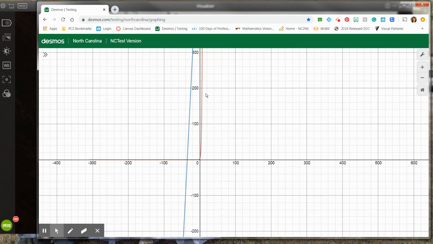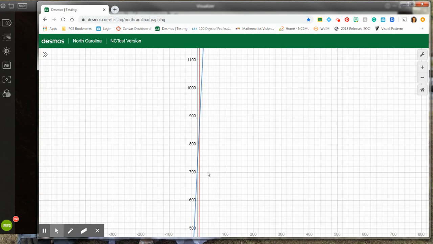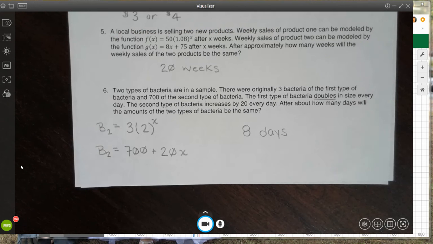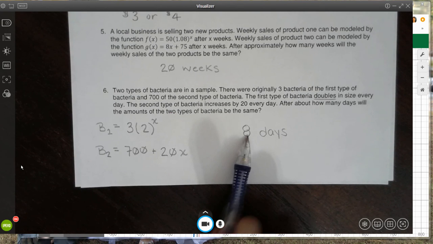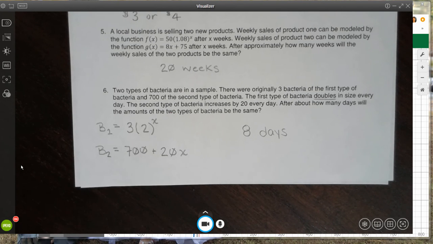So I'm going to scroll out a little bit more, and I'm going to pull my graph down and see that somewhere right about here is my intersection point. Now it says after about how many days will these two bacteria have the same number? Well, I'm way closer to 8 days than I am to 9 days, so that's going to be my answer, 8 days. So based on these two equations, it's about 8 days for them to be equal or equivalent.